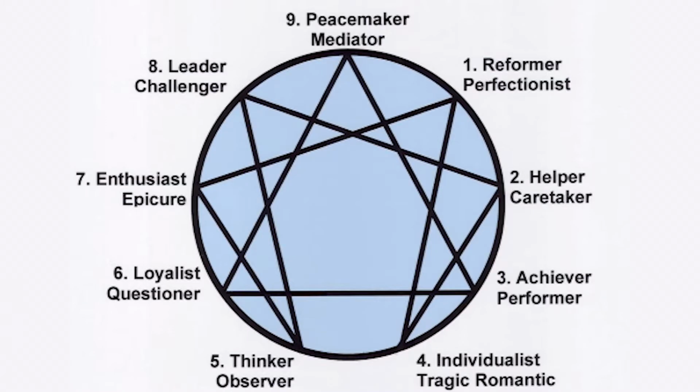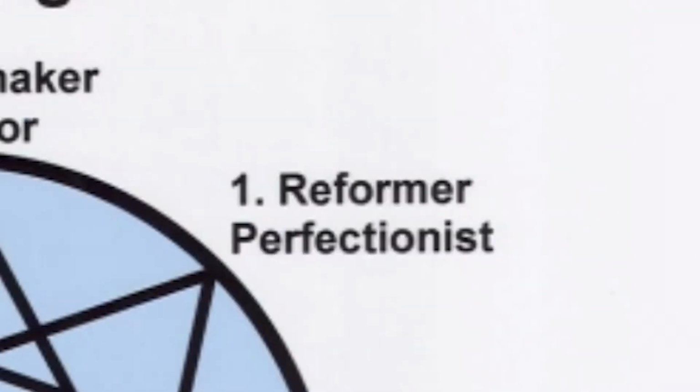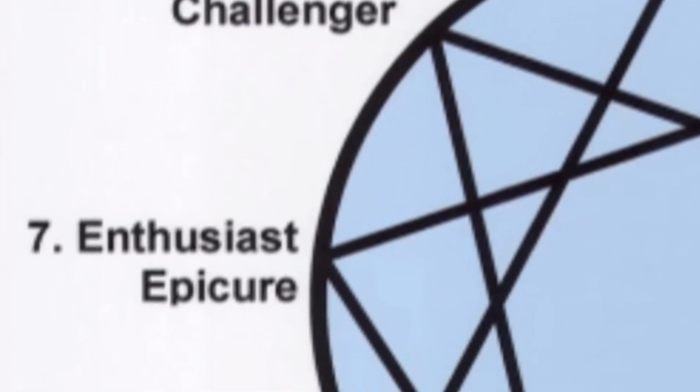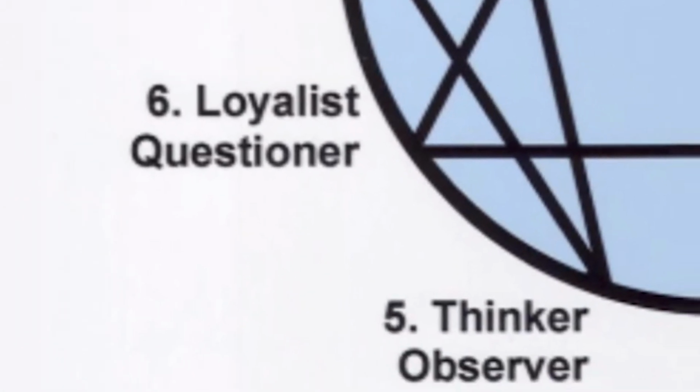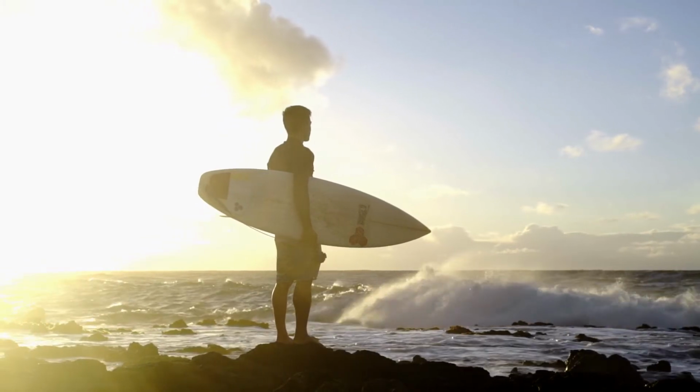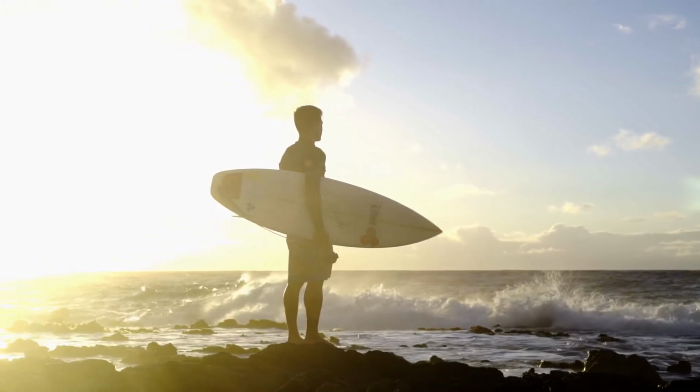Each basic type in the Enneagram is also connected by 2 lines to 2 other basic types. For example, type 1 is connected to type 7 and type 4. The first line connects to the type which the person has left behind or repressed in childhood. The characteristics of this type must be reintegrated in order for the person to develop.